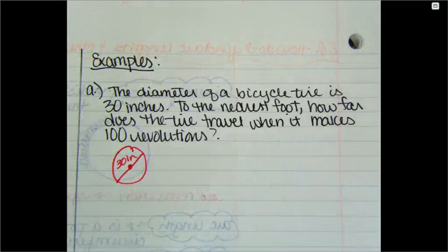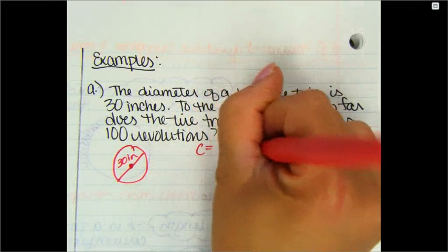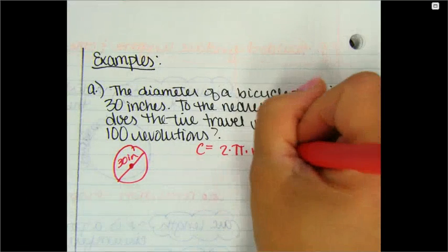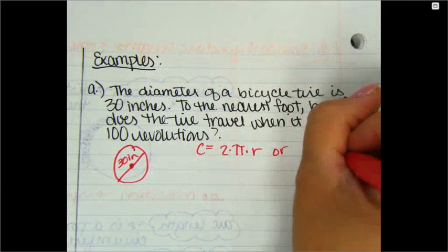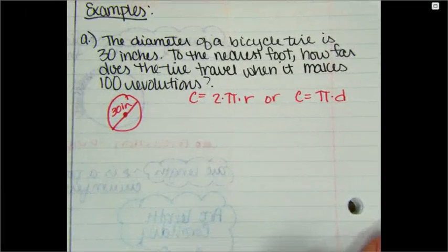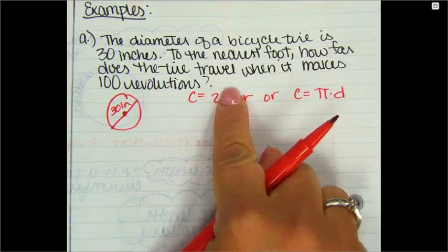What does it mean to go around the circle? Circumference. So C equals 2 pi r, or there's another one, which is C equals what? Pi times diameter. Good job. Why is it pi times diameter? Because 2 and r mean what? It just means diameter.